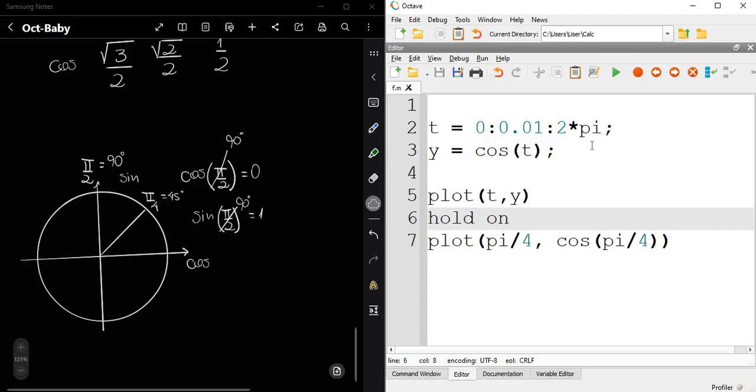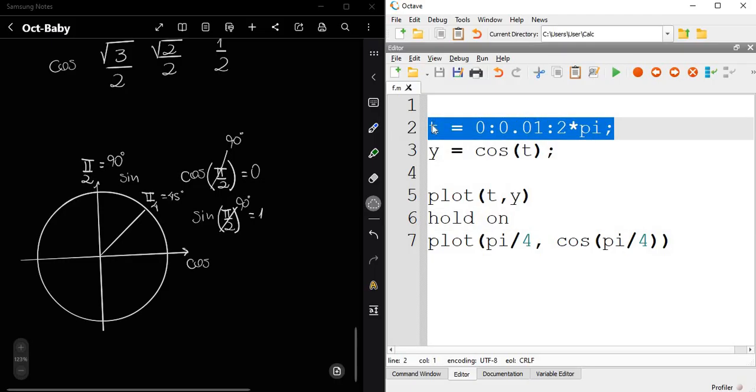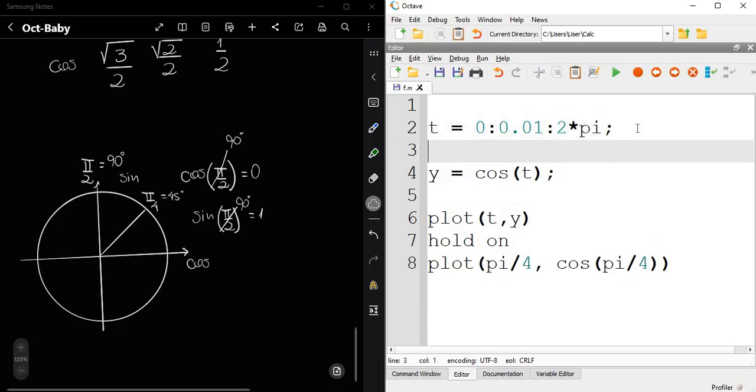I have to study this better. Let's try something like T2, and now right here pi over 4.